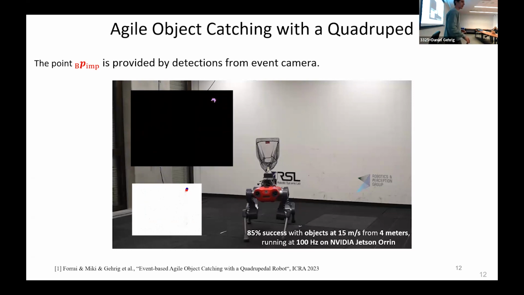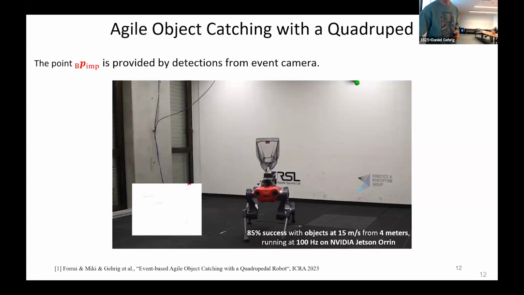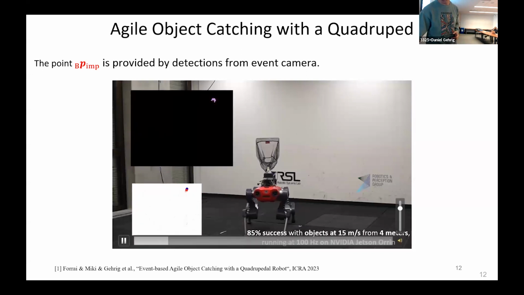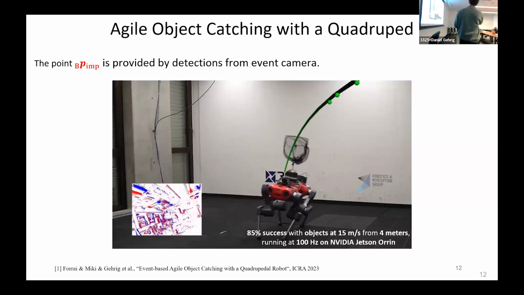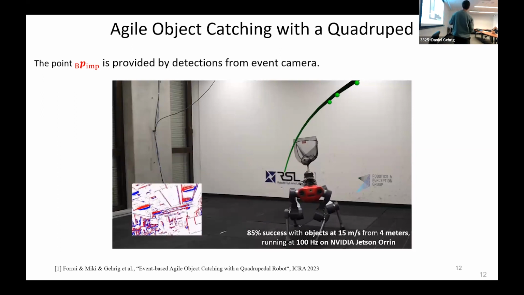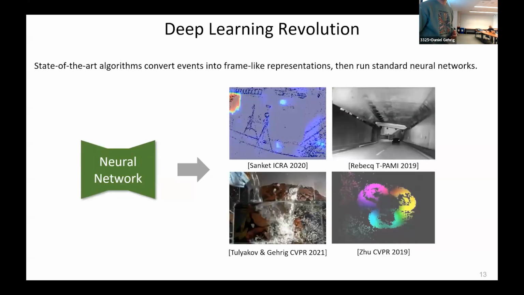With this algorithm, given a prior on the size of the object, we can project the object out in 3D and then fit a parabola to directly define the impact point in the base of the robot. So here we see quite a few nice applications of high-speed robotics with event cameras.